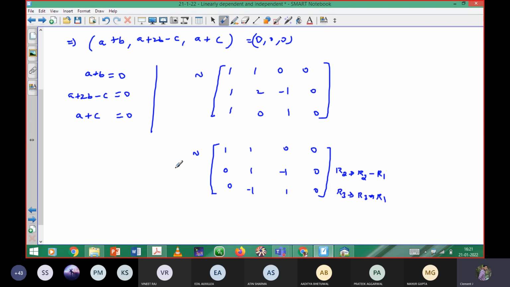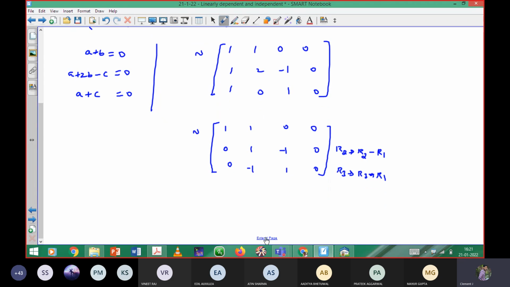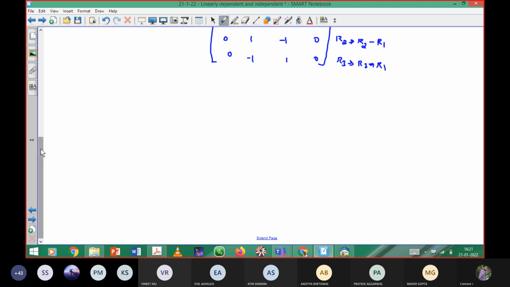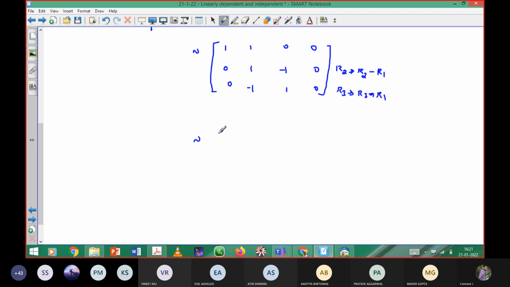Okay, after this, there is no change in R1, and R2 also has no change.